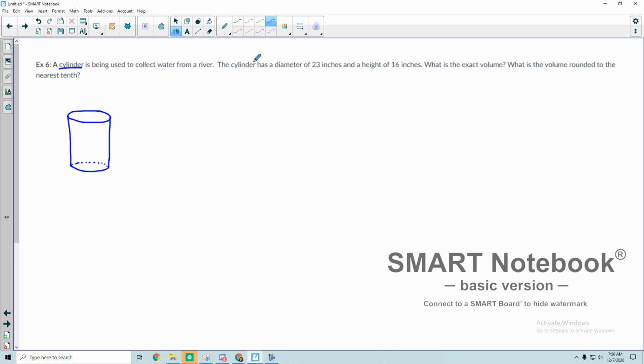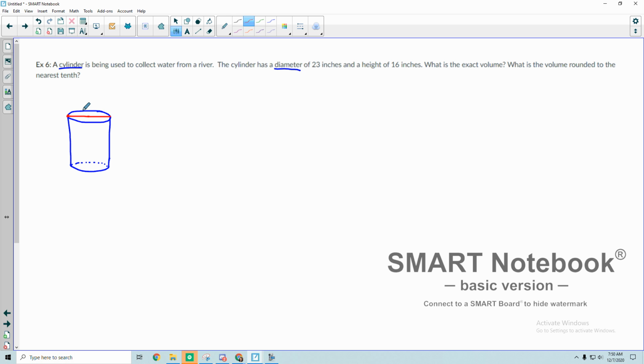The cylinder has a diameter, okay? And I'm going to stop here. This is a math word, right? What is a diameter? So hopefully you recall a diameter. It goes from one side of our circle, our bases. It goes from one side to the other, but it has to go right through the center.